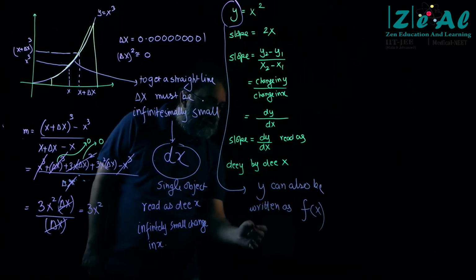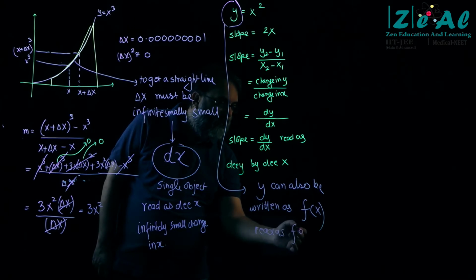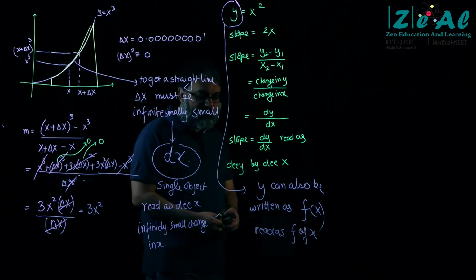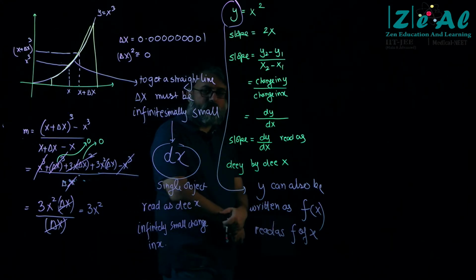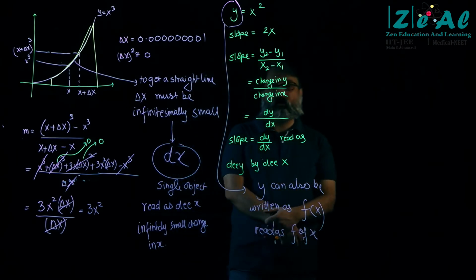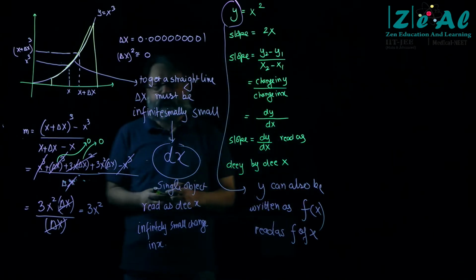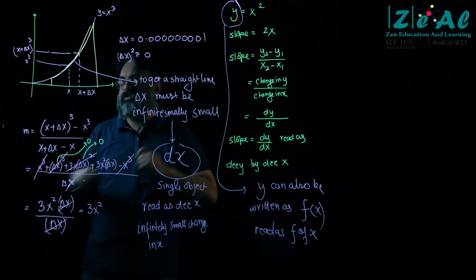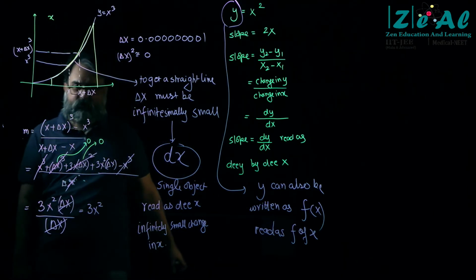Okay, and this is read as f of x. What does it mean? You remember in class 5 or 6 when algebra was introduced, your teacher said that if you don't know a number, assume it to be x.